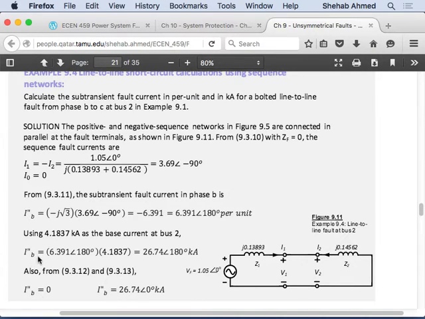Because the phase B current is equal to, I think this is phase A current. Yeah, I think they're referring, here phase A current is equal to 0. Calculate subtransient fault current in per unit for a bolted line-to-line fault from phases B to phase C. Yeah, this is phase A current, it's equal to 0. Phase B current is equal to this, phase C current is equal to the negative of this. Right?